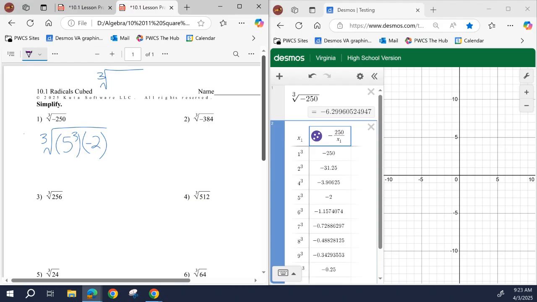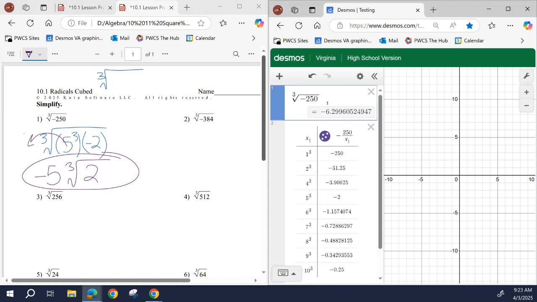When I'm taking that power out of the cube root, it's losing its exponent. So this 5 is going to come out here and just become 5. I'm also going to pull the negative out of there. That negative can come out. And then I'll have 2 left over underneath.